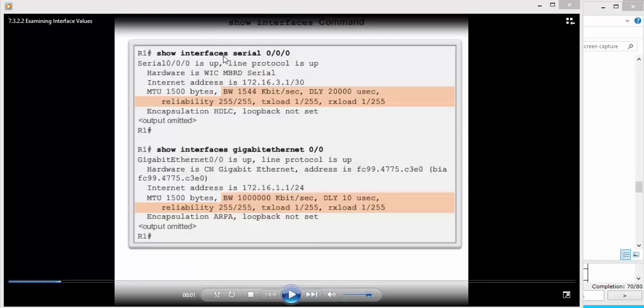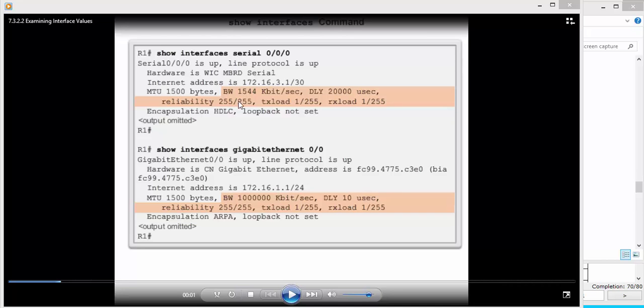Now, the show interface command displays interface information, and that includes parameters used to compute the EIGRP metric. BW is the bandwidth of the interface, used in kilobits per second. Delay of the interface is in microseconds.